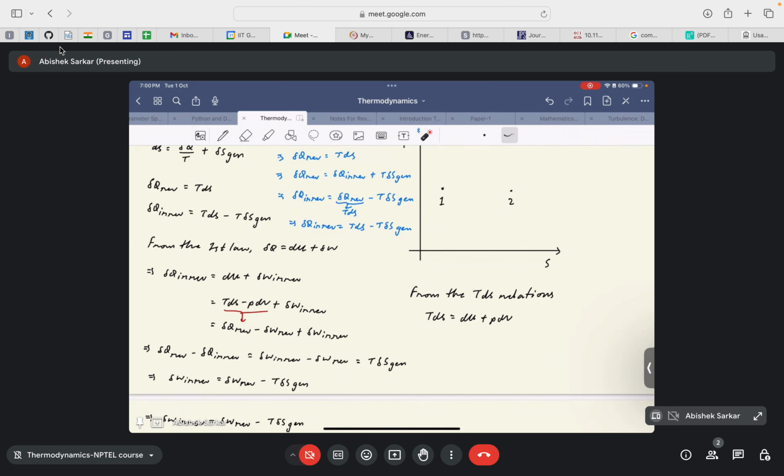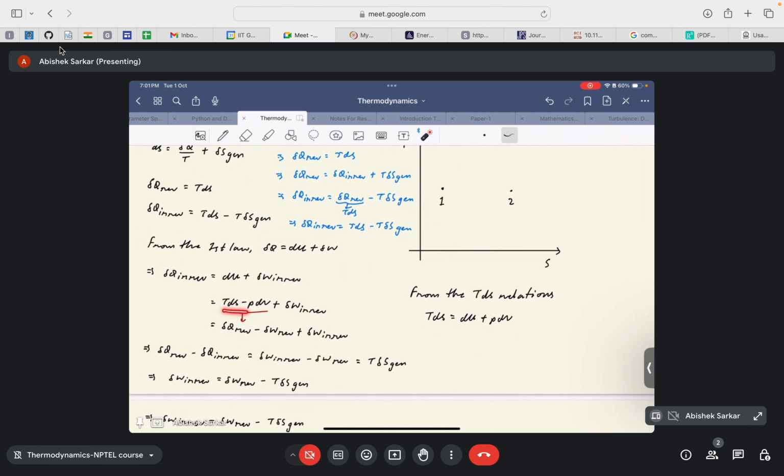Okay, so from the first law, for an irreversible process, we can write delta Q irreversible is equal to dU plus delta W irreversible. Now from the TdS relation, TdS equal to dU plus PdV, you can write dU as TdS minus PdV, right?